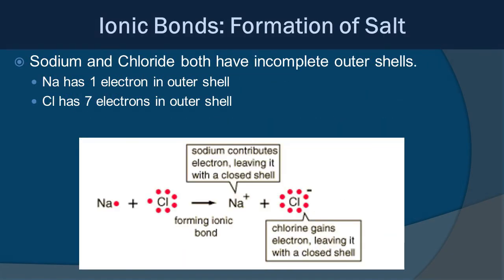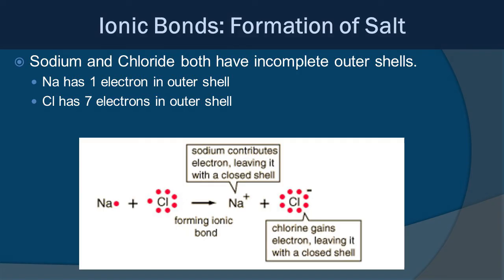Now, a great example of an ionic bond, and of course a great example for marine science, is the formation of salt. Now, you know it as sodium chloride, which is table salt. And both sodium and chlorine have incomplete outer shells. Sodium has 1 electron in its outer shell, where chlorine has 7 electrons in its outer shell.